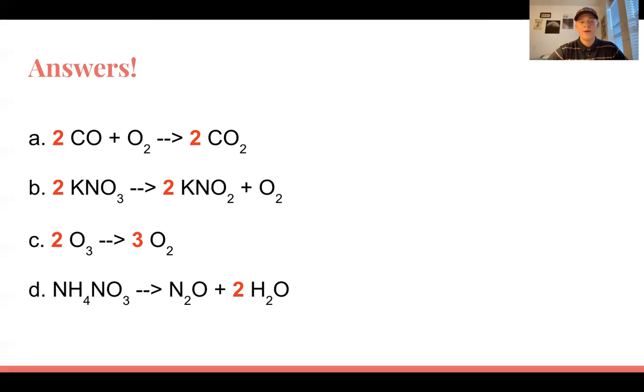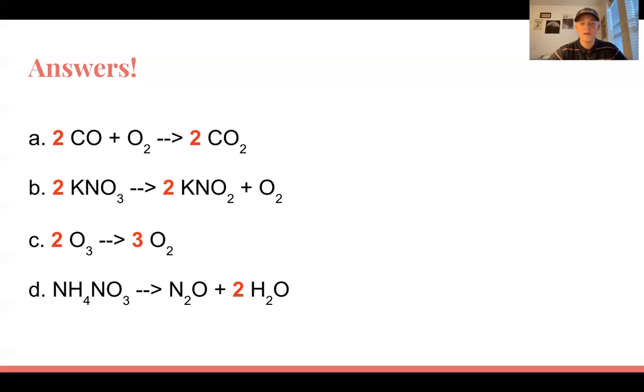Finally, the oxygens: we need to have 3 on the product side.